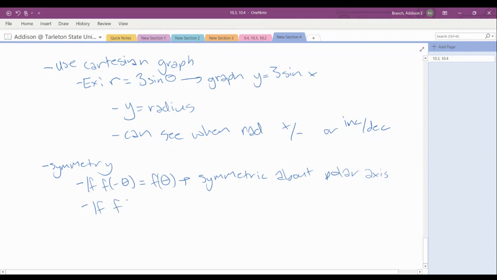If f of theta plus pi is equal to f of theta, you're going to be symmetric about the pole.